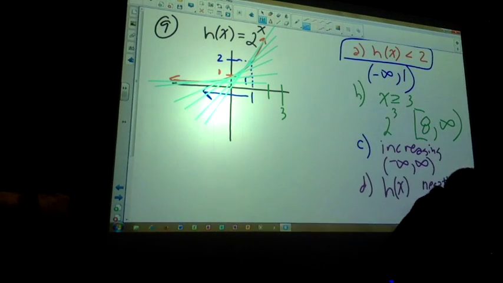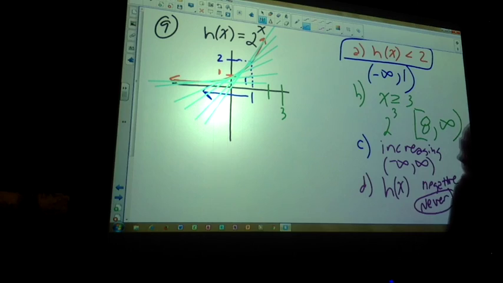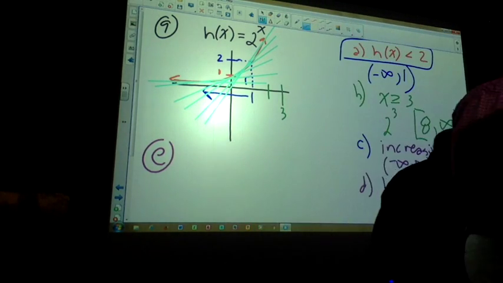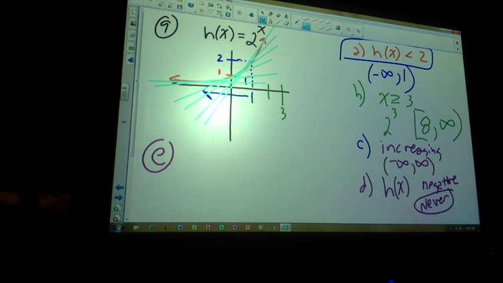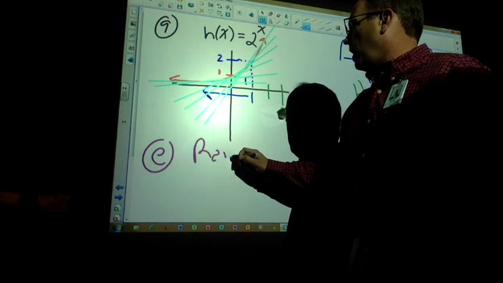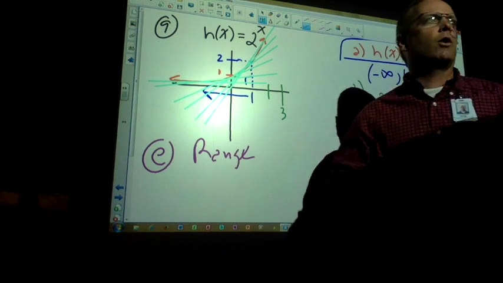And let's see. Letter E, what is the range? Didn't ask for the domain on there at all. Okay. The domain would have been negative infinity to positive infinity if it asked. But the range, where does it appear I am growing from in the vertical direction?